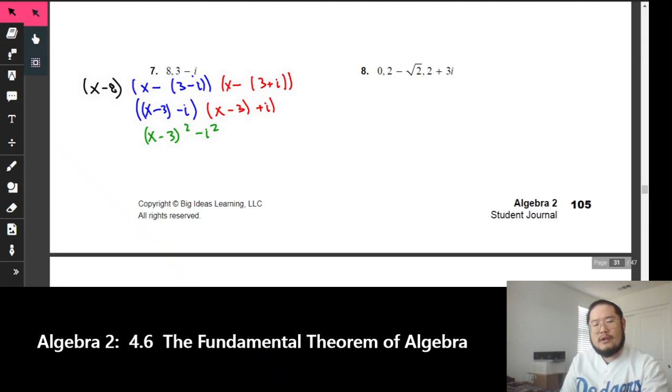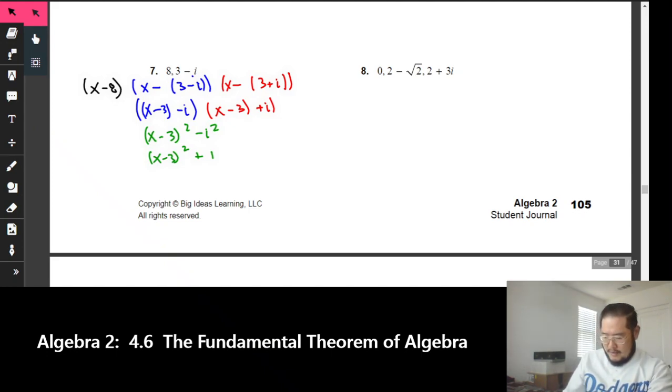And remember, one of the things we learned were the different values of i to the first, i to the second, i to the third, i to the fourth. Remembering all that, this actually turns into positive 1, right? Because i squared is going to be negative 1, and then negative 1 is positive 1 right here.